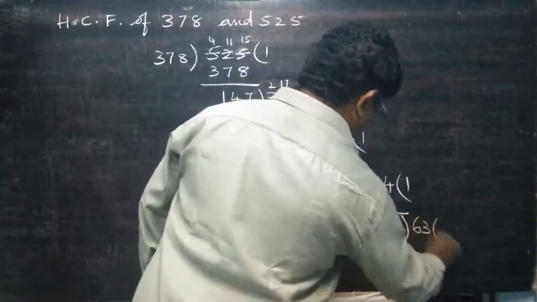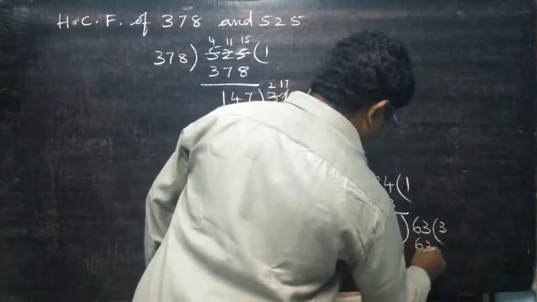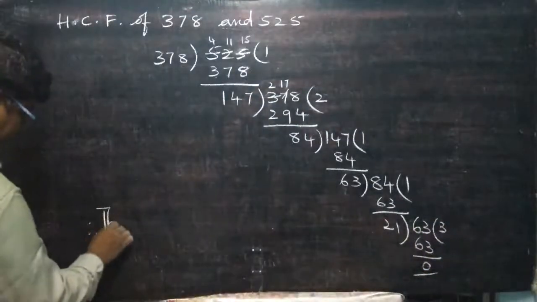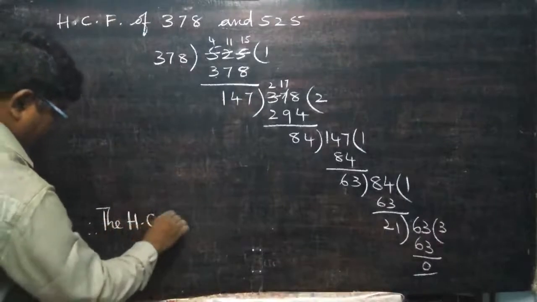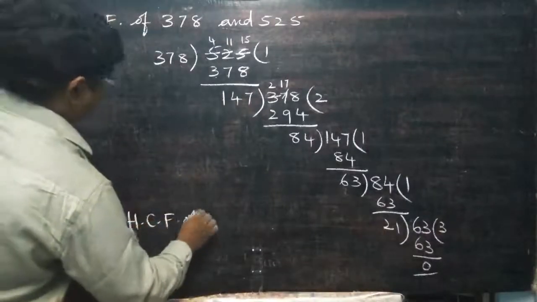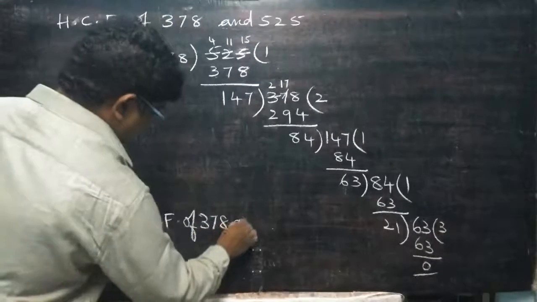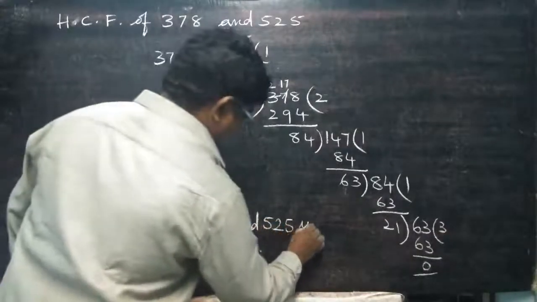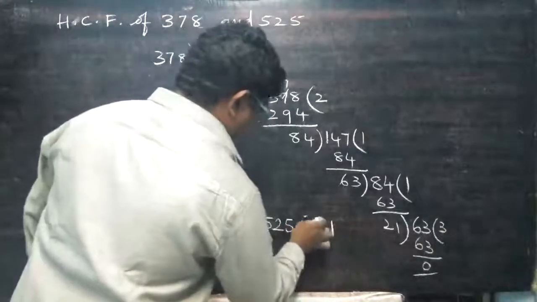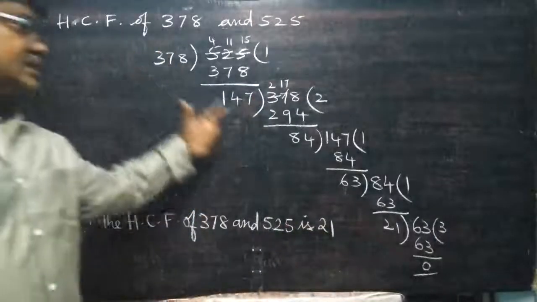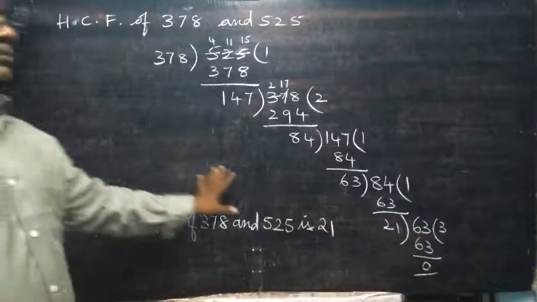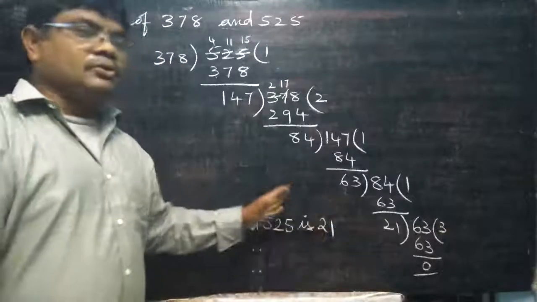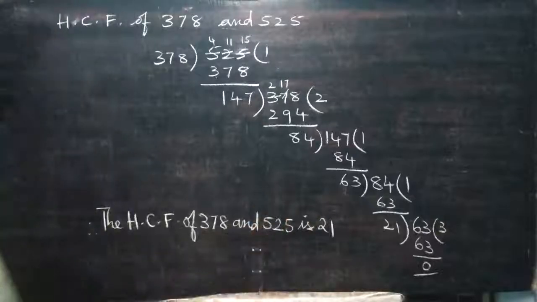Again 63 by 21, 3 times, 63, remainder 0. Until you get 0 you have to do. Therefore, the HCF of 378 and 525 is 21. Who don't know to do HCF, please follow this one. By this time you should be thorough with HCF, but once again I explained how to do HCF in the problem.